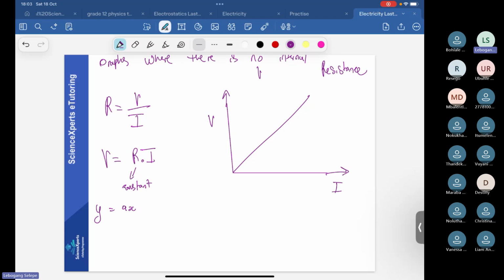So this is V versus I. Then what would the gradient of this graph represent? The gradient would represent resistance.